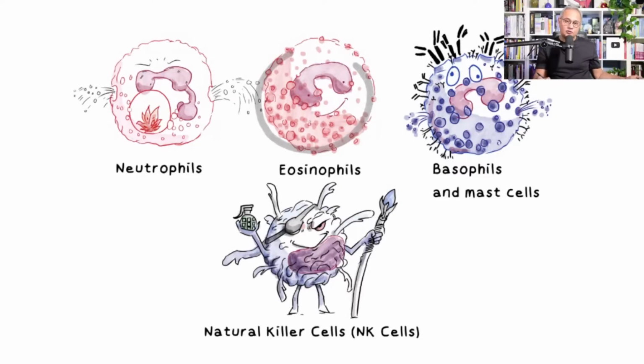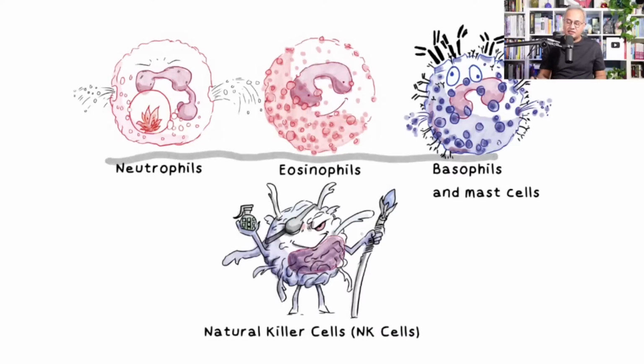Eosinophils are also called acidophilic cells. These three cells together are called granulocytes because when you see them after staining under a microscope, they have a lot of granules in them. They have a lot of tiny dots in them.